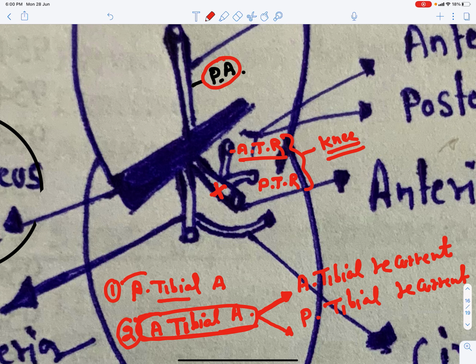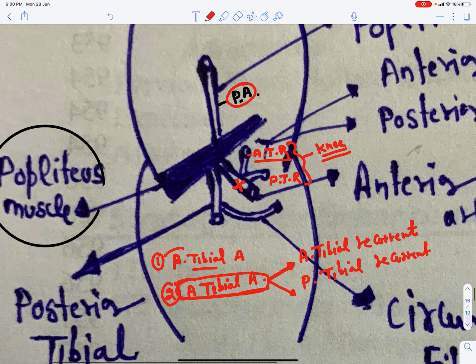Even a branch of the posterior tibial artery, which is the terminal branch of the popliteal artery, the circumflex fibular branch, supplies the knee.